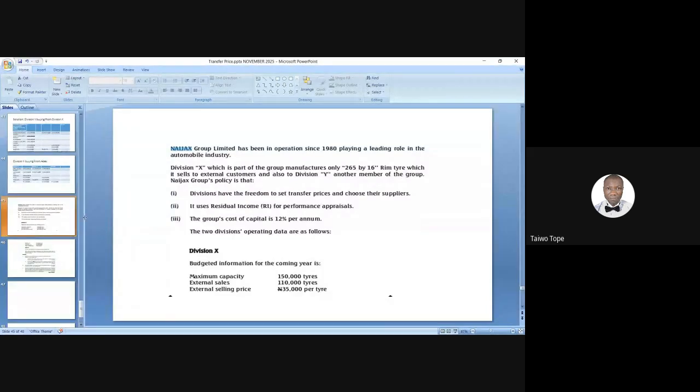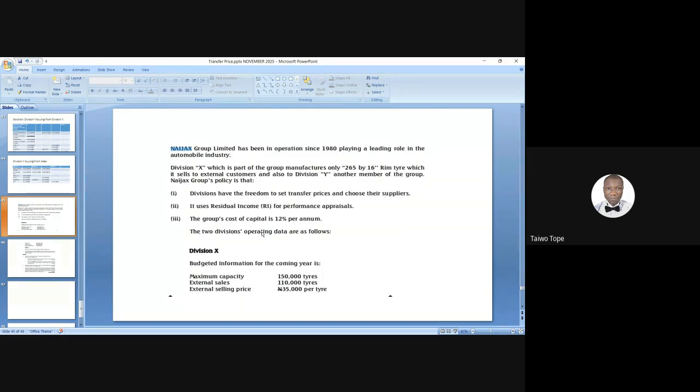At the external price to the external buyer? You know, Division X is at the mercy of Division Y now. Division X can beg Division Y, please don't let us lose money. You understand? Because if you don't buy, these 40,000 tires will be a waste.